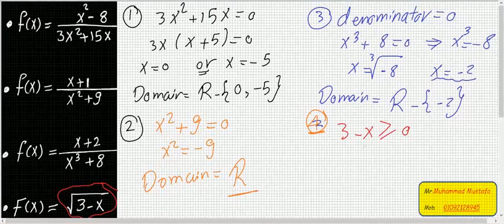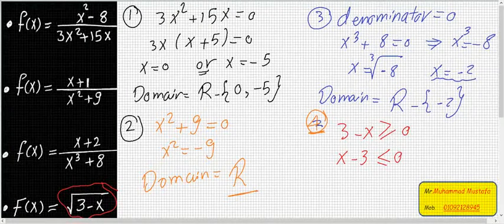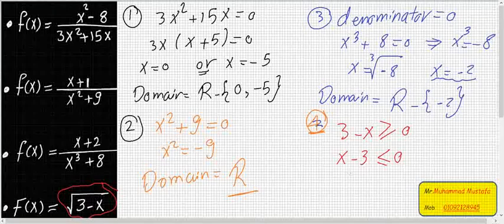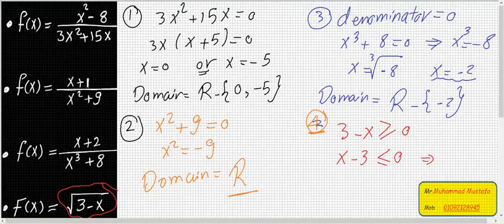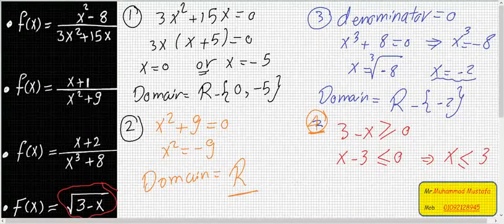We multiply by negative and replace x and 3: x - 3 smaller than or equal to 0. If we multiply or divide by a negative, we change the direction of the inequality sign, greater than to smaller than and smaller than to greater than. Here x is smaller than or equal to 3. That means all real numbers smaller than or equal to 3, from negative infinity to 3, and 3 here is closed.